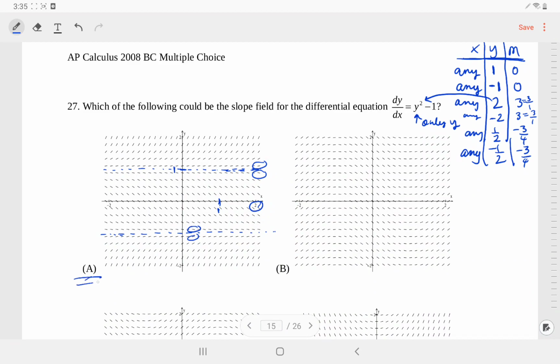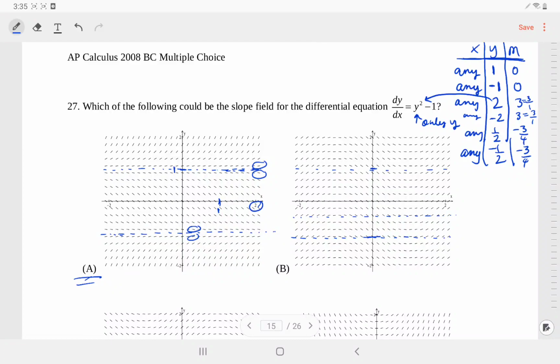Okay, I'm looking at A right now. Let me see if I can cross out some things from B. Okay, B. See this path right here of -1? Or any of these paths? If you look across the whole y equals something path, they should have the same slopes. Because any x value with y equal to 1, wherever 1 would be, like right here, or any number, the slopes have to be the same.